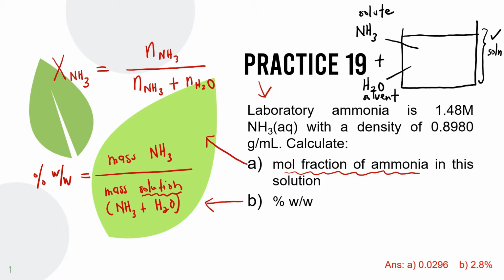Mass of solution equals mass of ammonia plus water, times 100%. And as you can see from this question, we again don't have any mass of ammonia and water. So how are we going to use these two values to get the answer for question A and question B? So let's try doing this together.